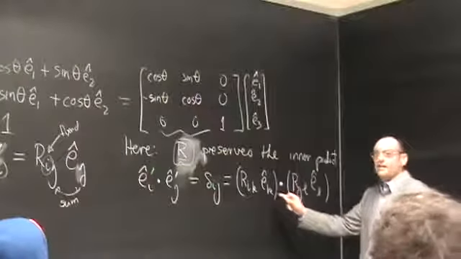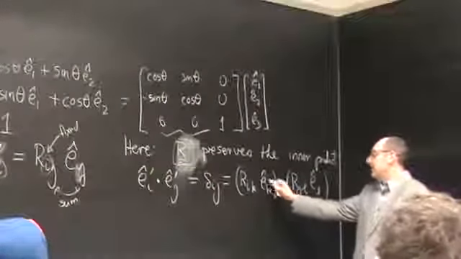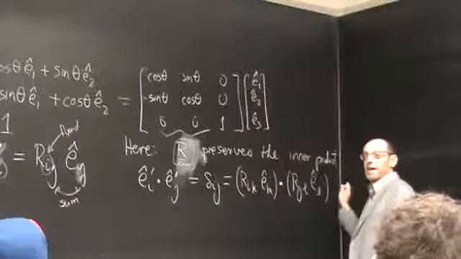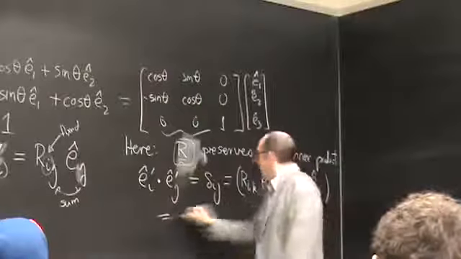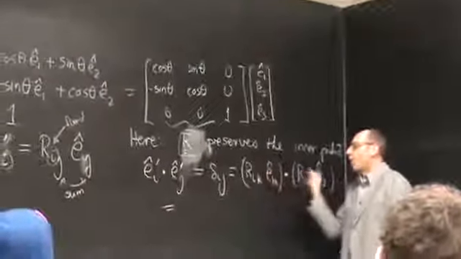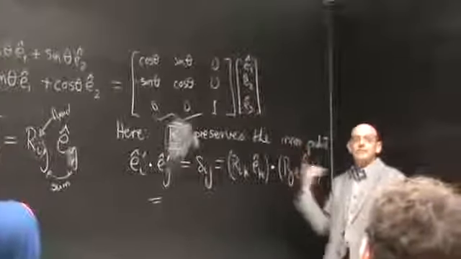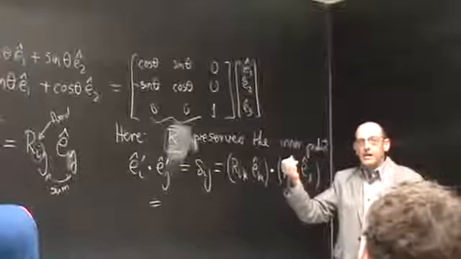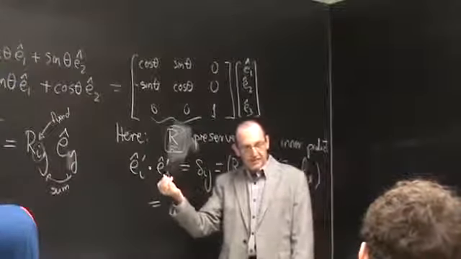Once again, this is a linear operation, so the dot product comes through. Remember, these things are numbers, so I can put them any place I want, even though they're the elements of a matrix, and matrices don't commute.